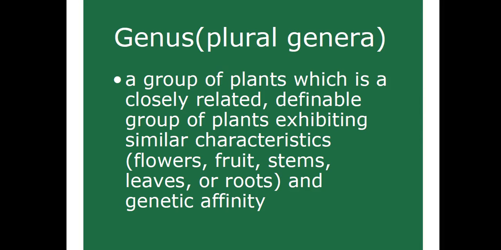A genus is a closely related, definable group of plants exhibiting similar characteristics such as flowers, fruit, stems, leaves, or roots, and has genetic affinity, or in other words, is capable of breeding with other members of the genus.